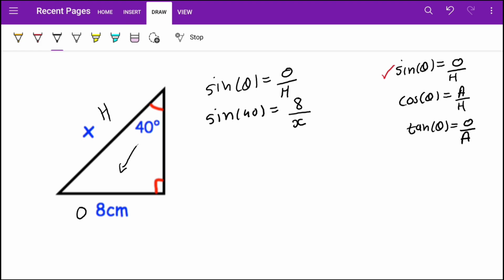So now we have to make X the subject. First thing, we times both sides by X. So this X cancels out. So we get X times sine 40 equals 8. Now we divide both sides by sine 40.